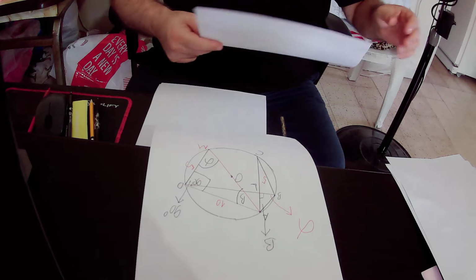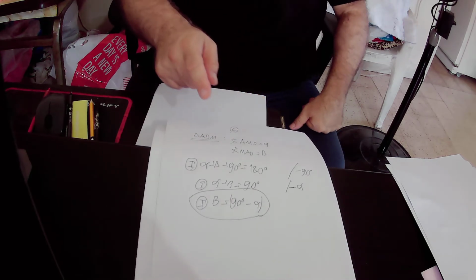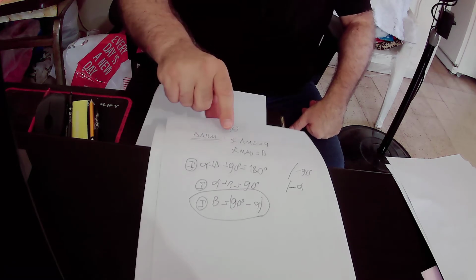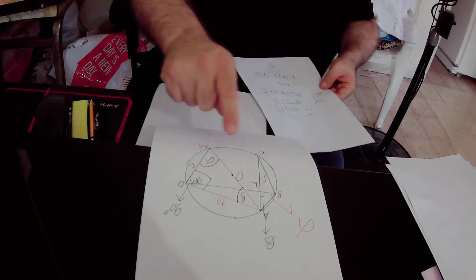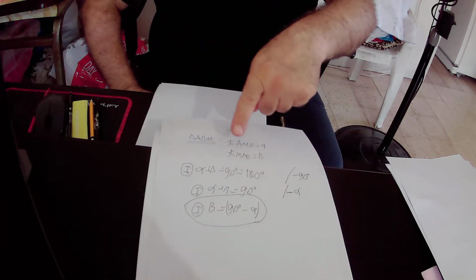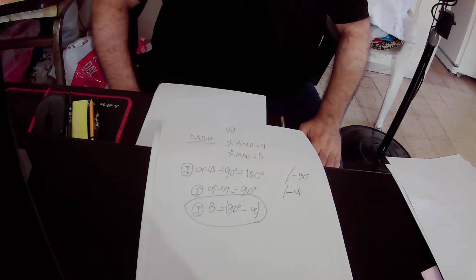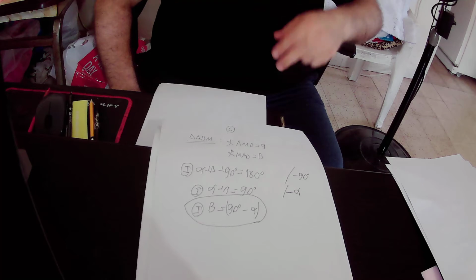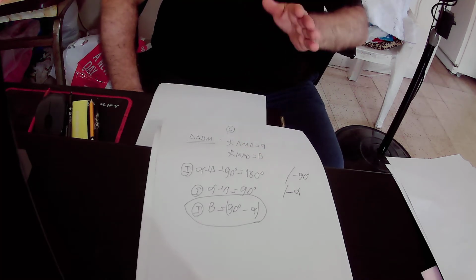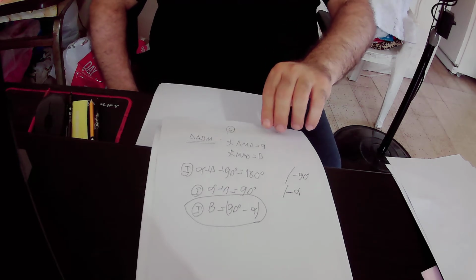So equation number 1 states that alpha plus beta plus 90 degrees equals 180 degrees. And we get that beta equals 90 degrees minus alpha. That is our first equation: beta equals 90 degrees minus alpha.